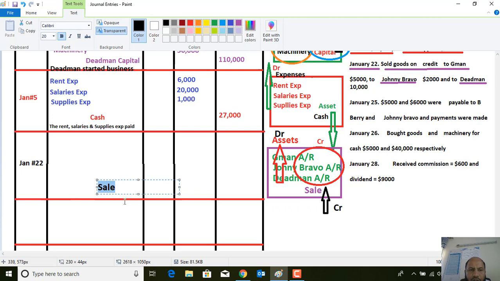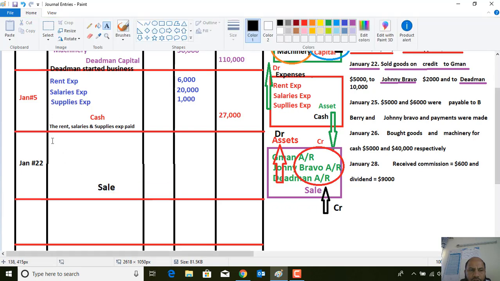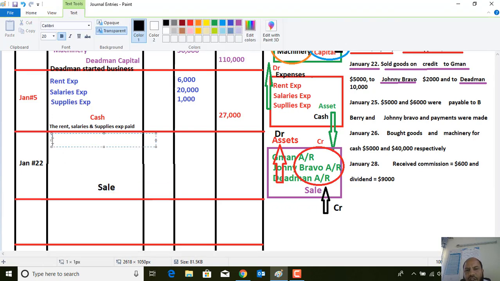Okay. How did the business sell the goods? The business sold these goods on credit. And from whom will it receive the money? From G-man, they have the receivable.